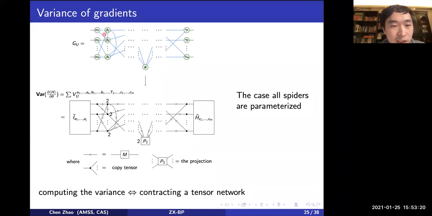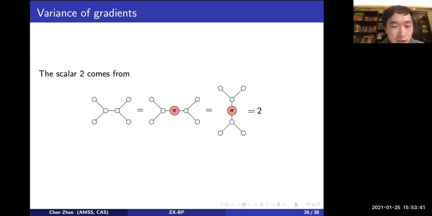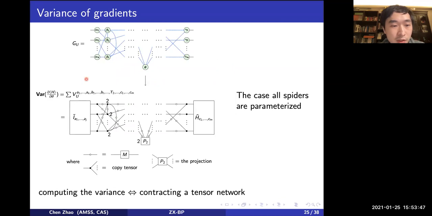Then all of these Hadamard edges can be removed after integration. Then after integration, this ZX diagram will break into many small parts, and each of the small parts is just a scalar. And these scalars are connected with the matrix M.